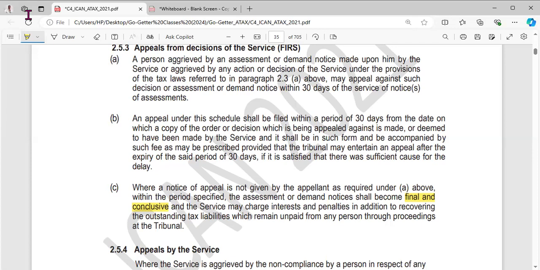Now, if there was an objection and there was a refusal to amend and no notice of appeal was filed within 30 days, the assessment becomes final and conclusive. And when an assessment is final and conclusive, it means that the tax, the interest, and the penalties will be paid by the person bearing the liability.